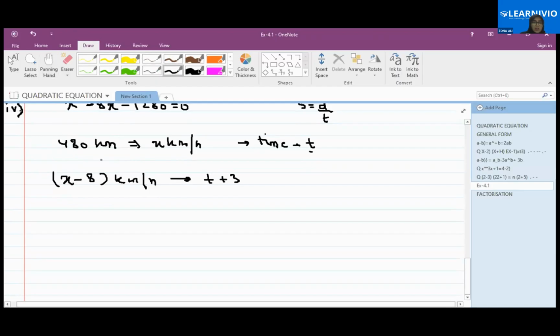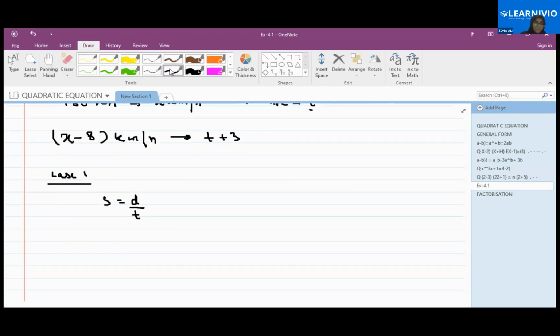Now for case one, what is the formula for speed? Your speed will be distance upon time. What is distance here? 480.